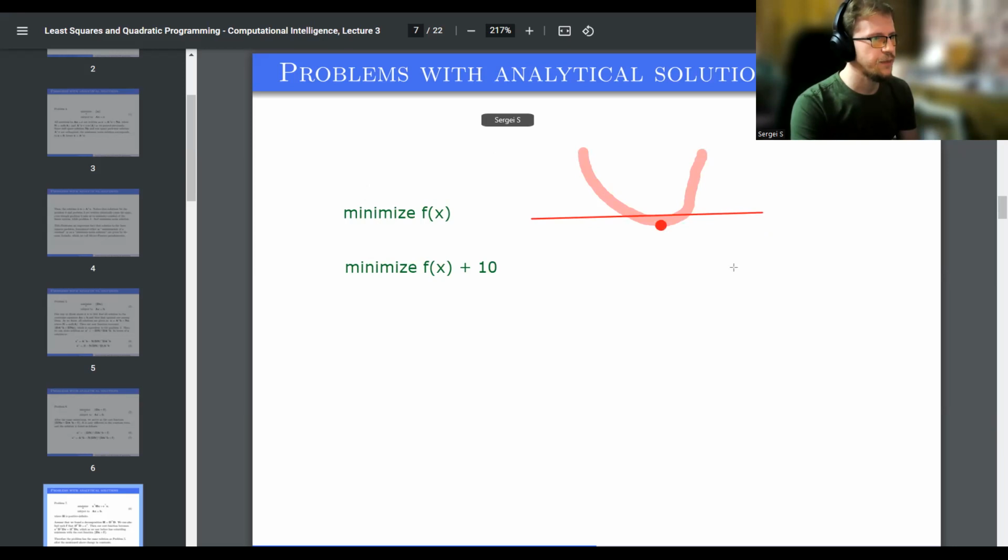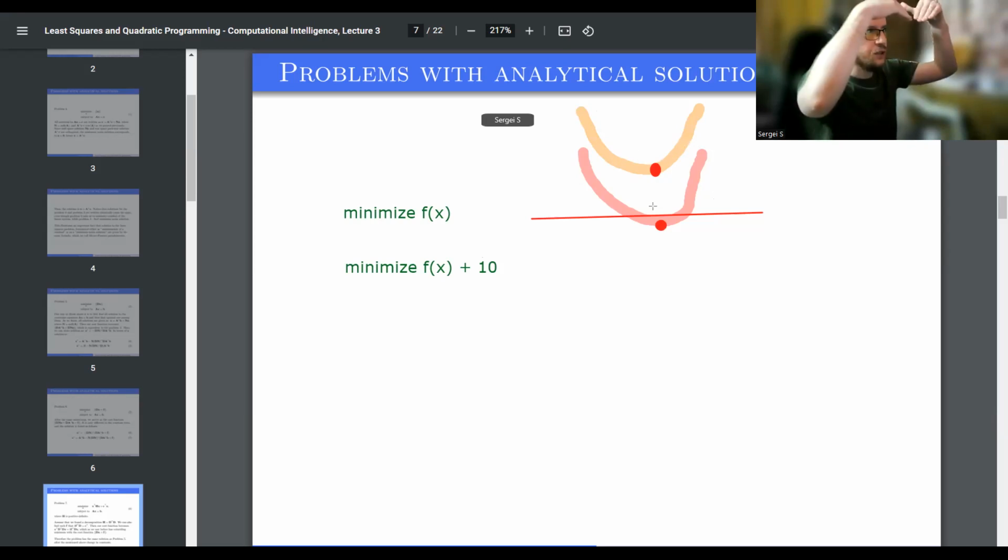The shifted version of this function, plus 10, would just be the same, but a little bit higher. But the position of the minimum will stay exactly the same. They will be on top of one another because you just vertically shift the whole function. You don't shift it horizontally. And so the solutions of the two functions are exactly the same.